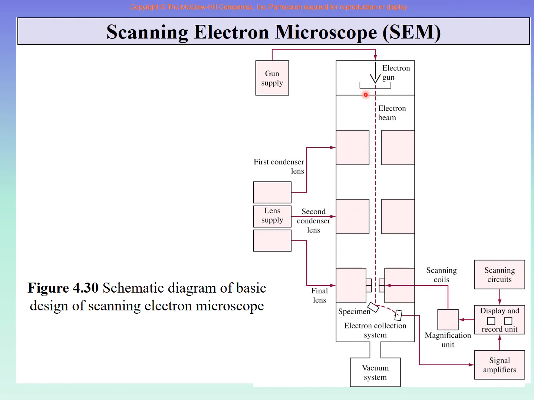The electron gun produces an electron beam which goes through this system of lenses, and this is your specimen. It hits the specimen, and after hitting, there are scattered electrons, backscattered electrons and so on. Then there is an electron collection system, and that goes to signal amplifiers, and then there is the whole system of display and magnification and so forth, right?